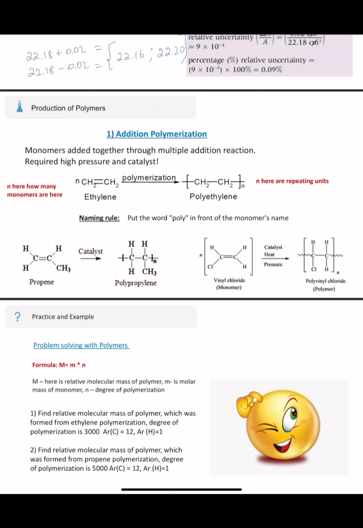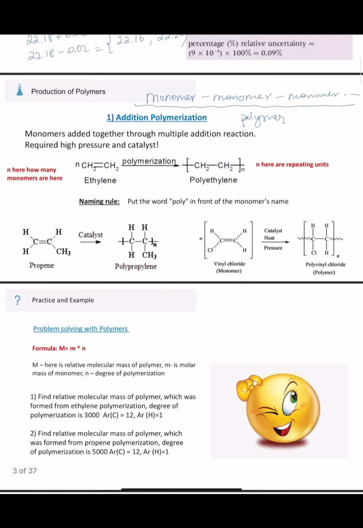Let's say I have one monomer, and it connects to another monomer and then connects to another monomer, and it gives us many of these monomers connected. The whole thing is called a polymer. The plastics and everything.